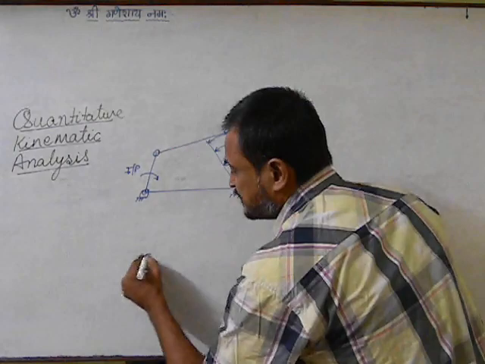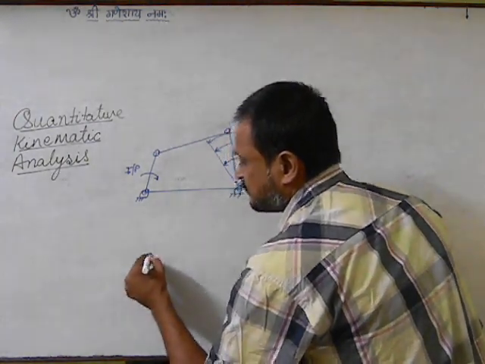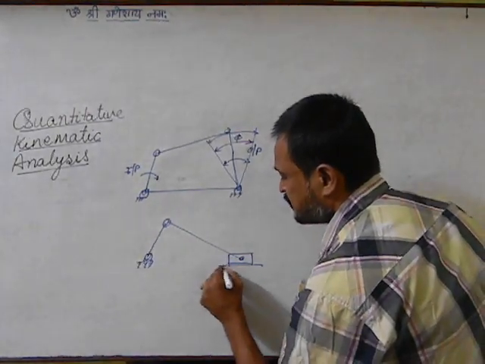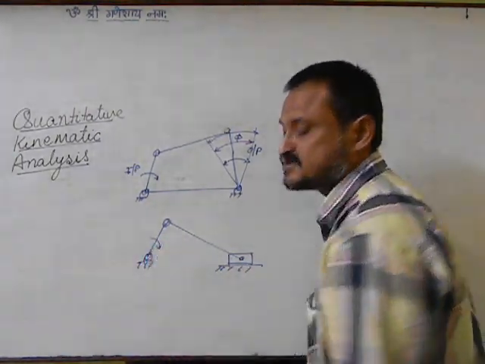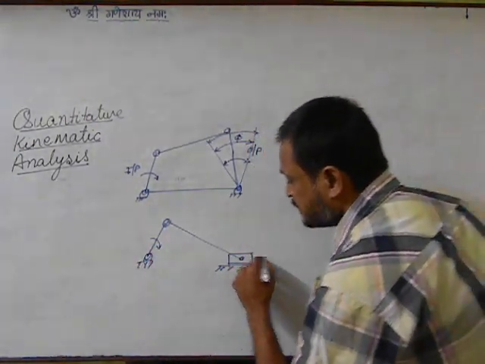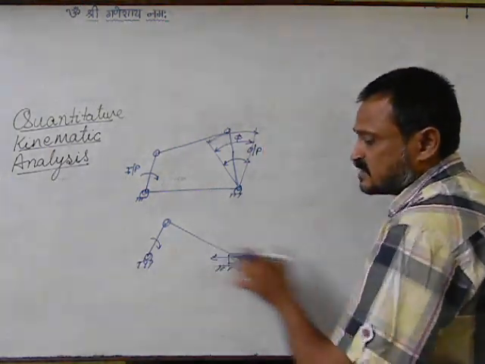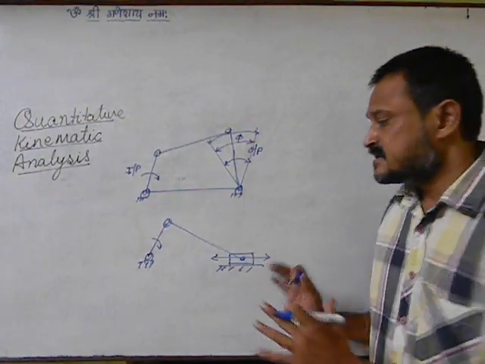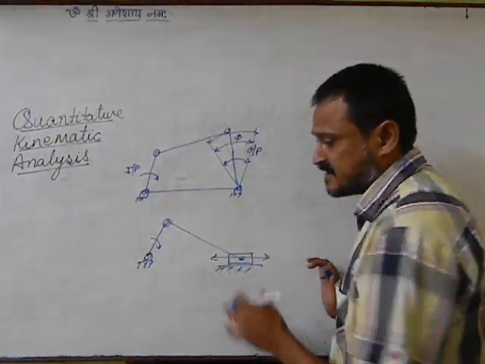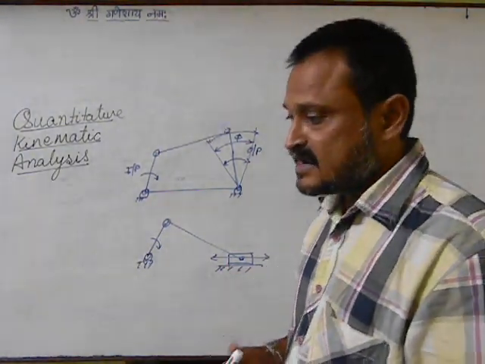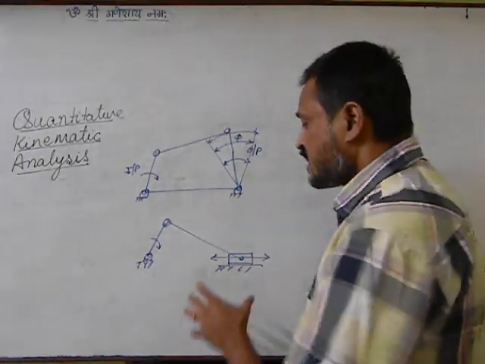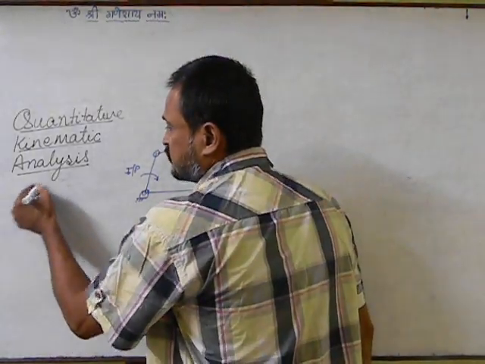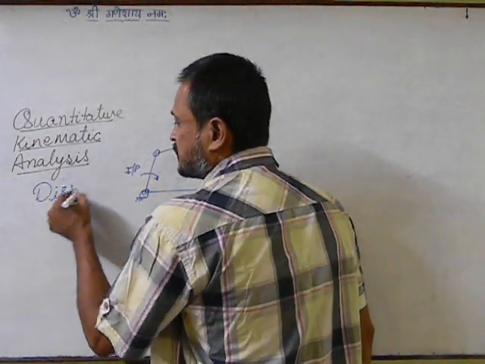Again, we can take the example of let us say a slider crank mechanism. So we know that the crank is going to rotate and the slider is supposed to translate between the two extreme points. Fine. Now I want to quantify this, and again comes the idea of how fast it should move. That means what we are talking about is displacement.